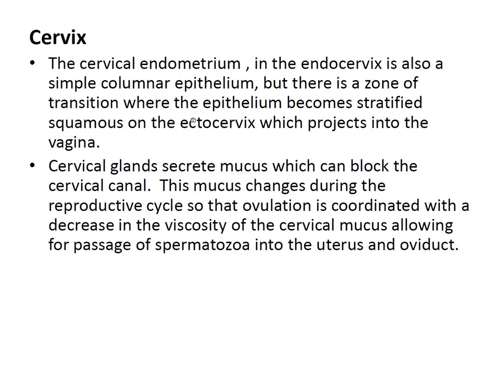Now, during each menstrual cycle, the cervical glands undergo important functional changes. The amount and properties of the mucus coming out from these glands vary during the menstrual cycle. Mucus from these glands can block the cervical canal, but at mid-cycle, this mucus changes and there is a decrease in the viscosity, allowing for passage of the spermatozoa into the uterus and oviduct.